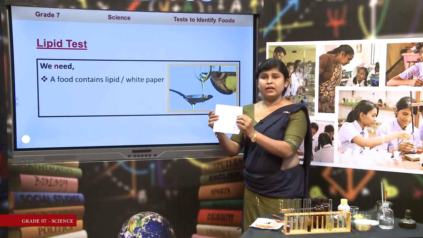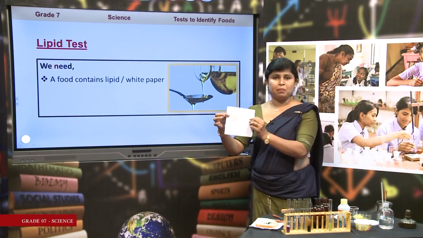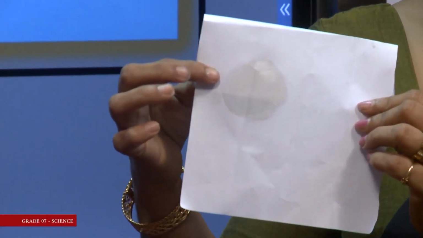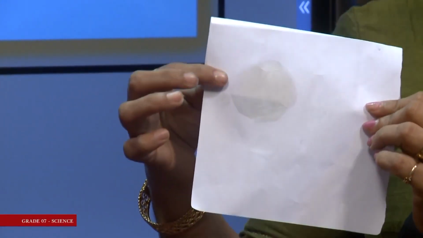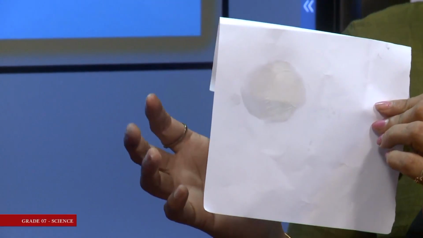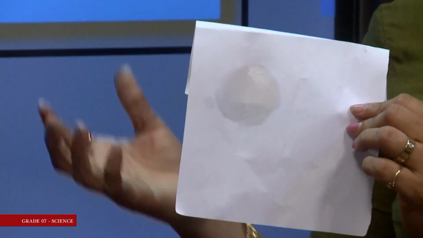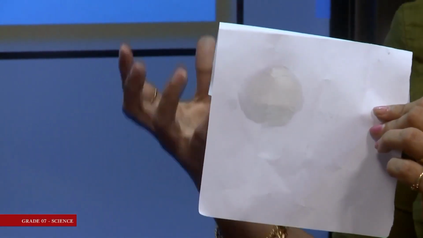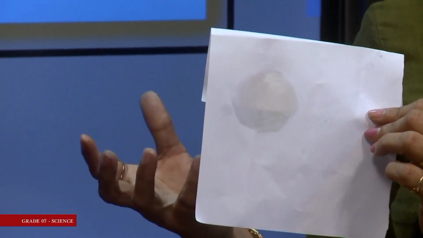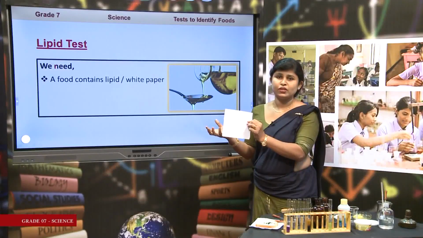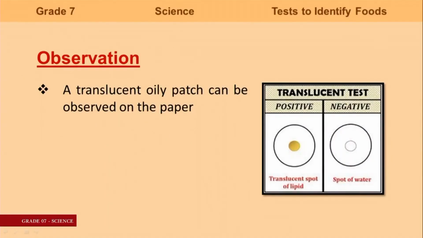You can observe a translucent oily patch on the white sheet of paper. What can you observe? Yes, a translucent oily patch. If a translucent oily patch is left while rubbing with a certain food item, the food item contains lipids. That is your conclusion of the activity. A translucent oily patch can be observed on the paper.